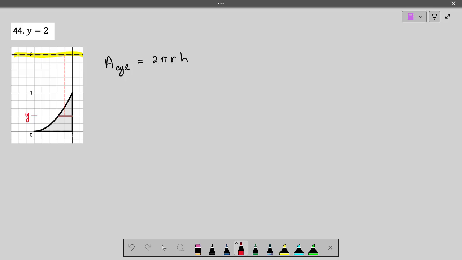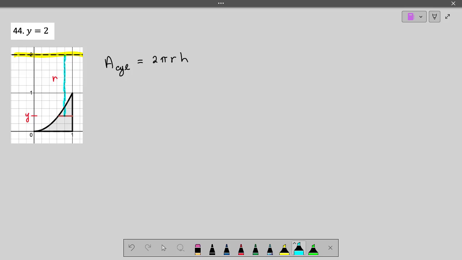So we come over here. Let's identify the R and the H. So the radius is going to be from our element down to the axis, or up to the axis of rotation. So right there, this is our radius. So it's the distance from our representative rectangle, our representative integration element, up to the axis of rotation.